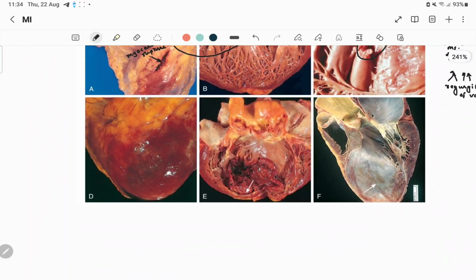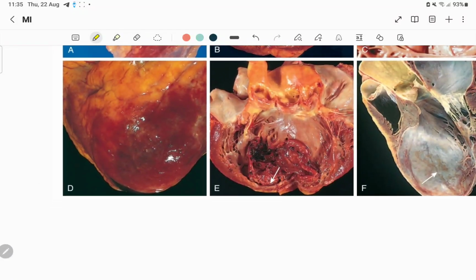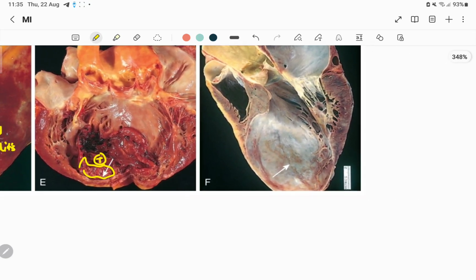This is a complication. And here this appearance is called fibrinoid pericarditis. Okay, this is basically a thrombus, and this is a ventricular aneurysm.